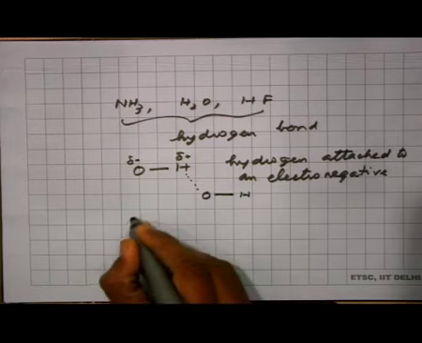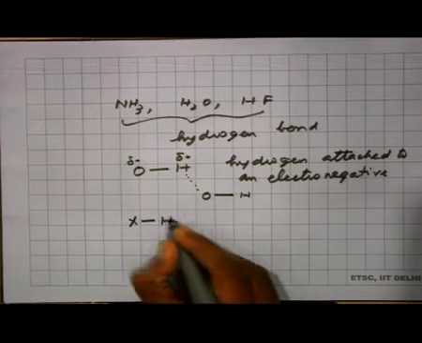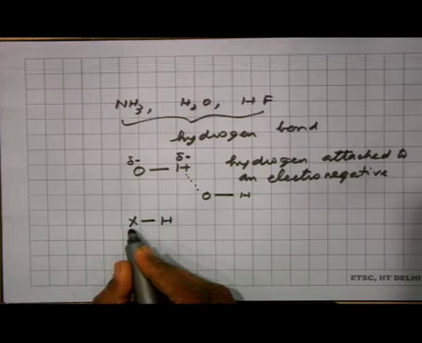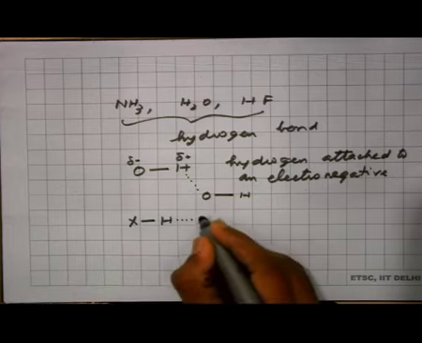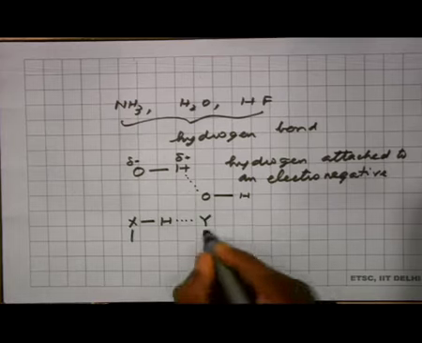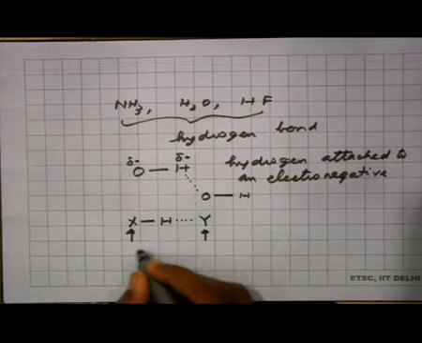So, if I have XH where X is electronegative, then you could have in principle a bond between Y, where X and Y are electronegative.